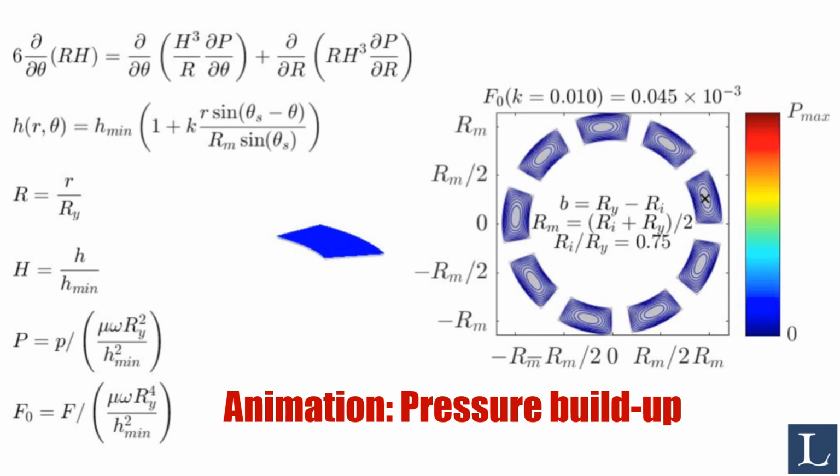With this slide, I want to illustrate what happens when we change the pad inclination. So what you see here is a bearing with 9 pads, and the segment angle is actually 30 degrees.